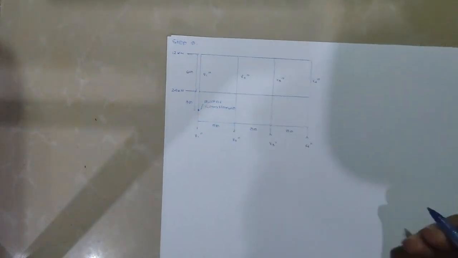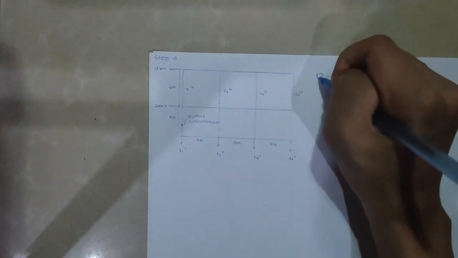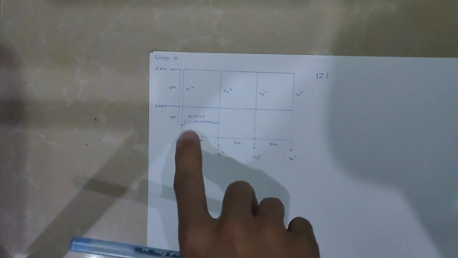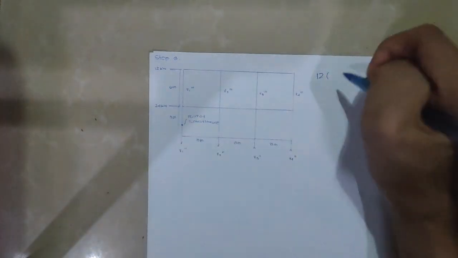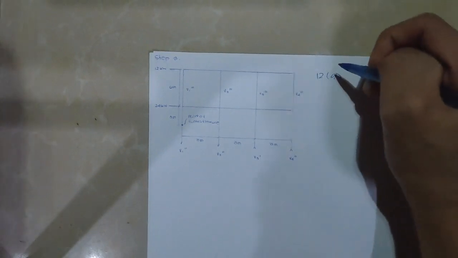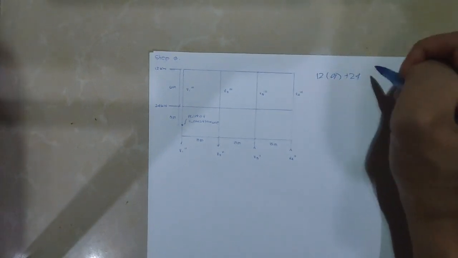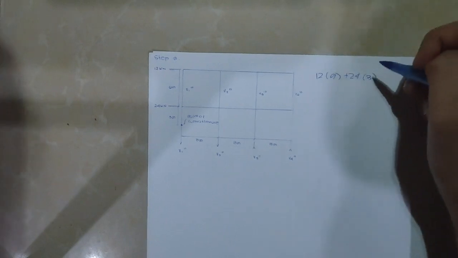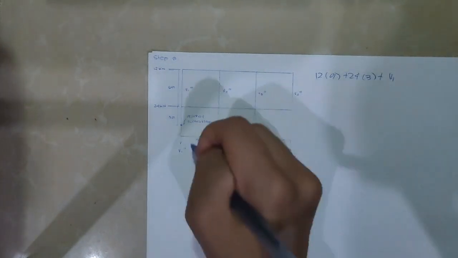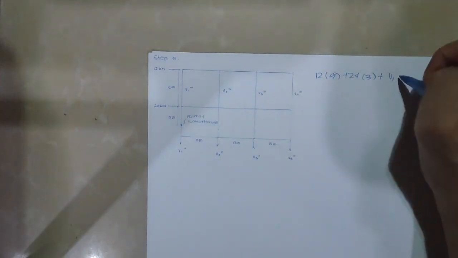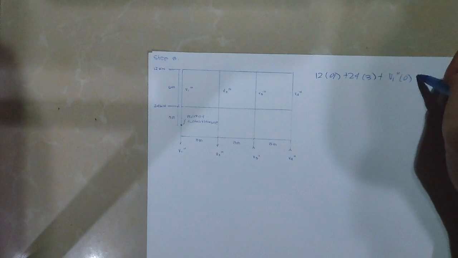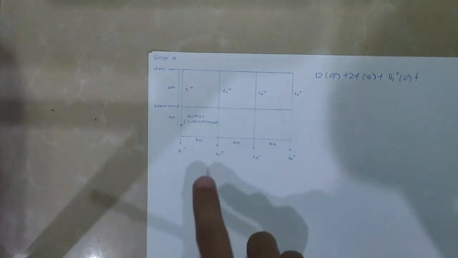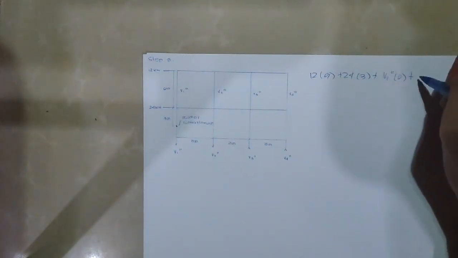It is the same process, the distance from the point of contraflexure is 6. Taking the moment, 12 times 9 plus 24 times 3 plus V1 of the second floor, times 0 distance, positive since clockwise.